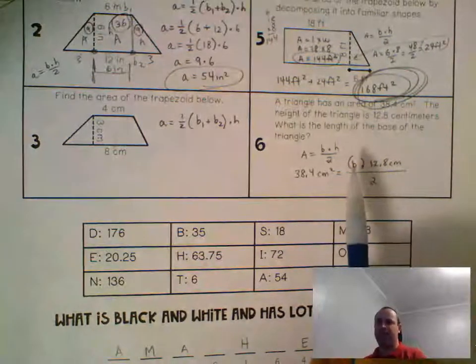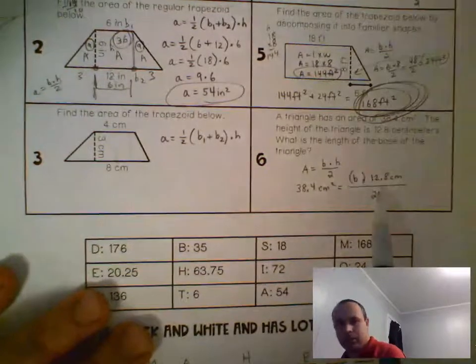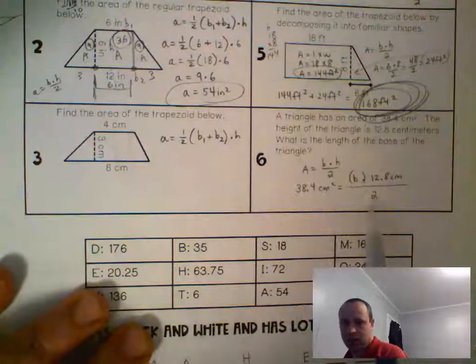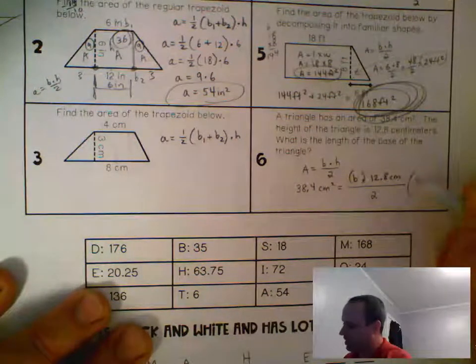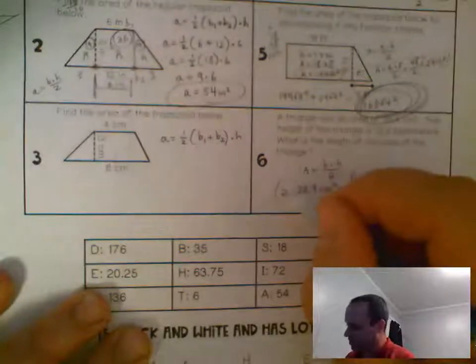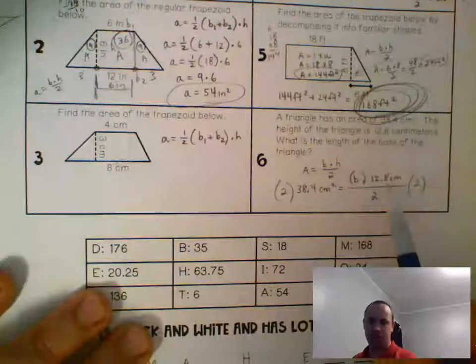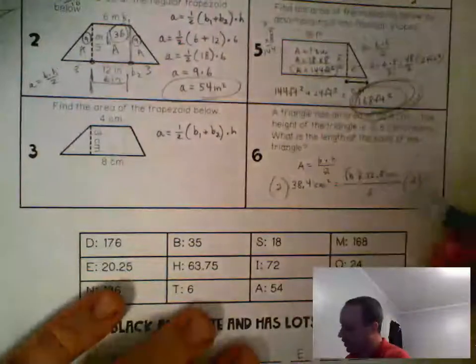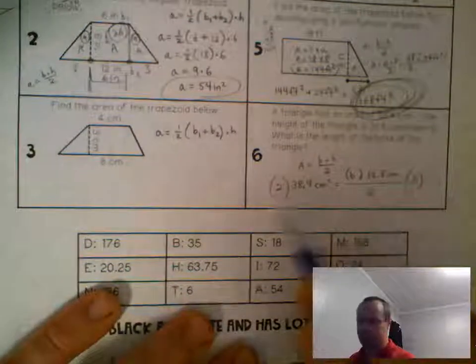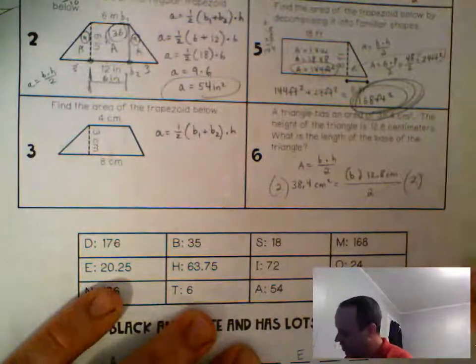Okay, so to find that B, you got to do a few things. You got to start undoing operations. So to undo a divide by 2, you have to times this by 2 and this by 2. Like we were doing in the equations and the inequalities. To undo a divide by 2, you're going to have to times both sides by 2. This side will cross off.